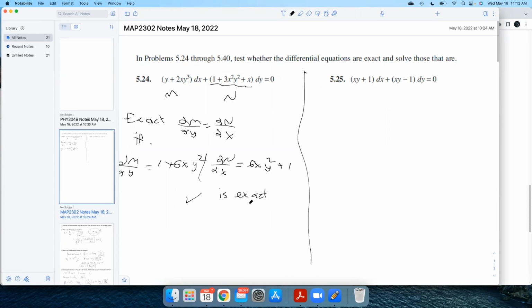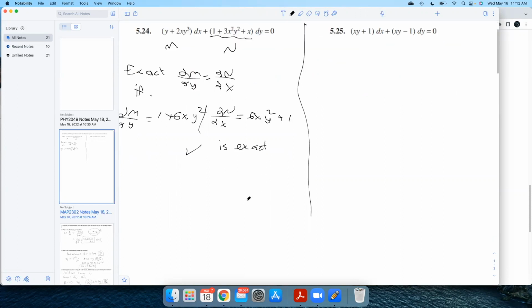What does it mean to be exact? That means the left-hand side is the exact full differential of some higher dimensional function, a function that depends on both x and y.